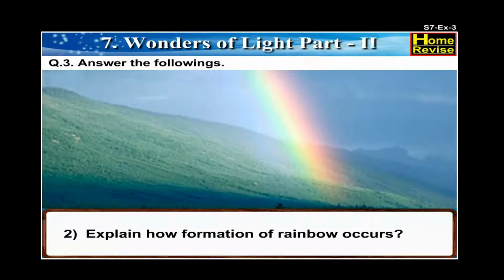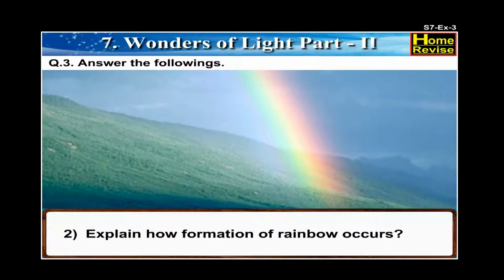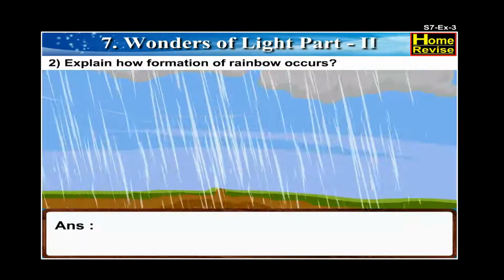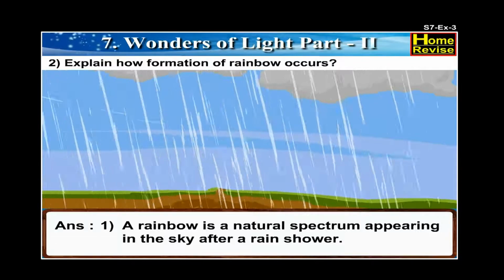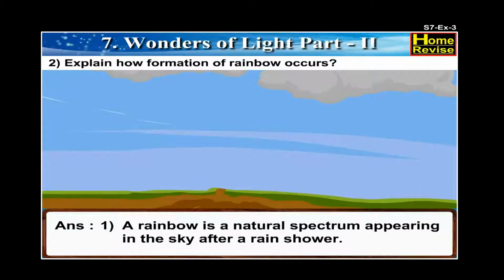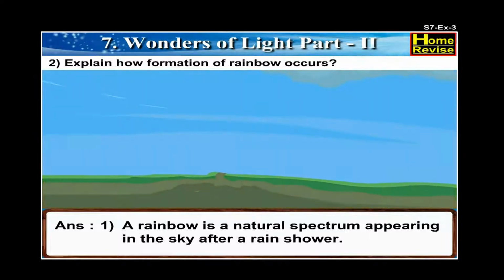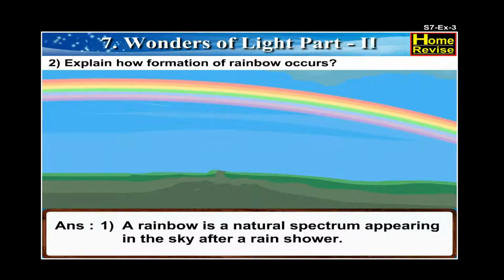Second, explain how formation of rainbow occurs. Answer. 1. A rainbow is a natural spectrum appearing in the sky after a rain shower. 2.